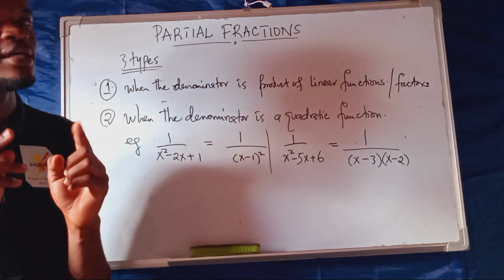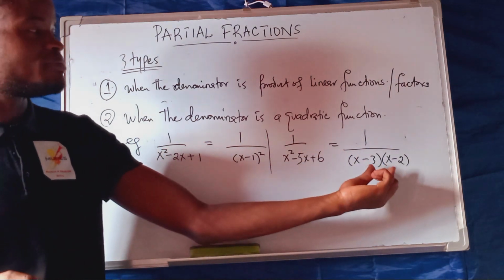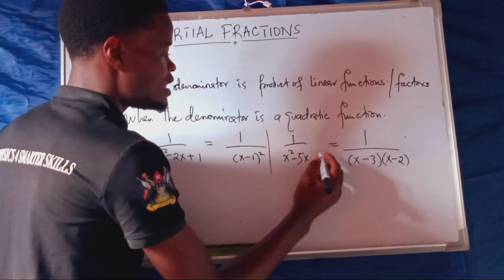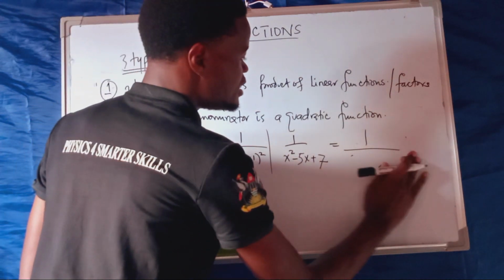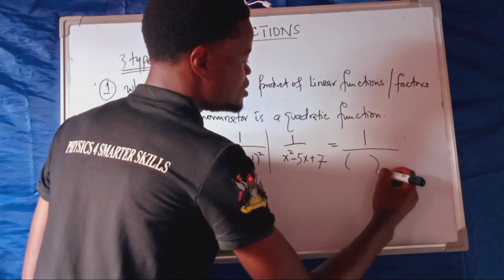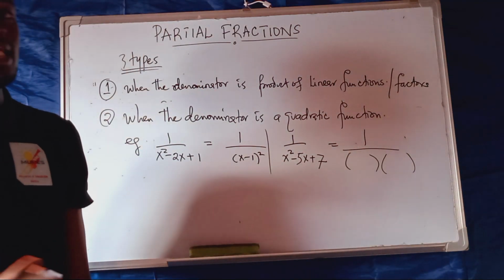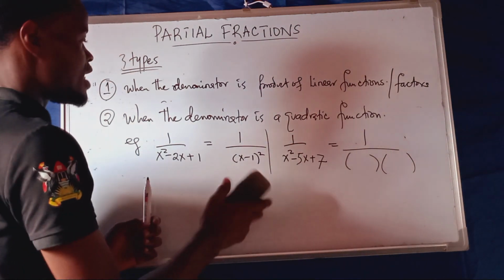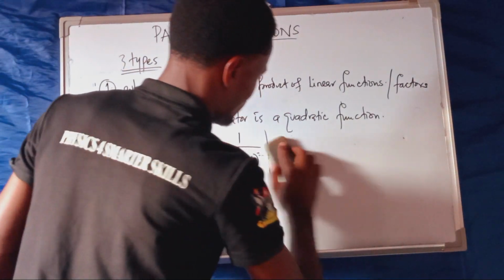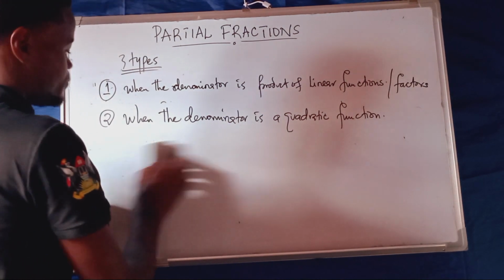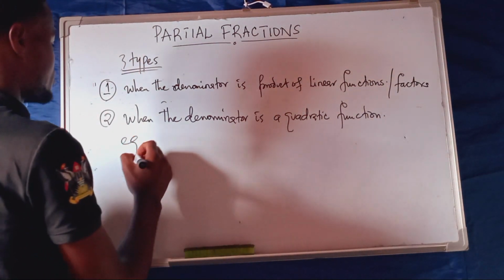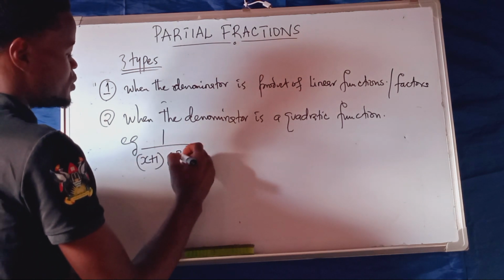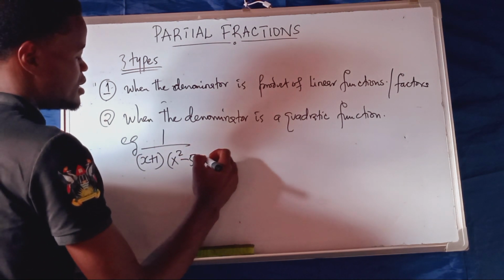However, sometimes this might not come out. For example, if you had a 7 here, you cannot split this into linear functions. So we always handle that this way. Watch. Say, e.g., 1 over (x plus 1)(x squared minus 5x plus 7).